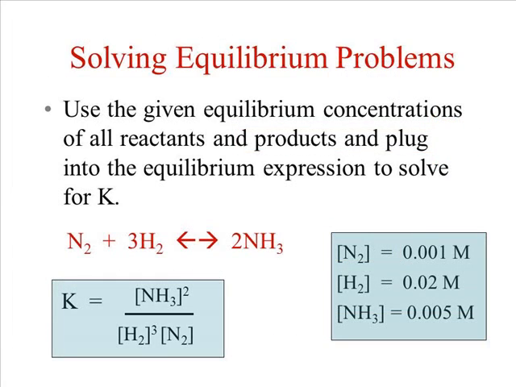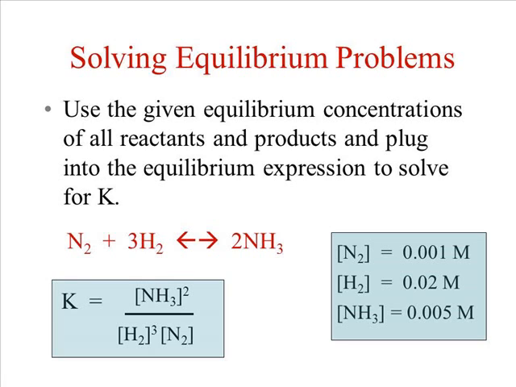So let's look at a simple equilibrium problem. The simplest version is to write the equilibrium expression. Looking at the balanced equation, you can see that I have the product ammonia squared because of the coefficient 2, divided by hydrogen cubed and nitrogen to the first power. That's called the equilibrium expression. On the right I plug in those values.